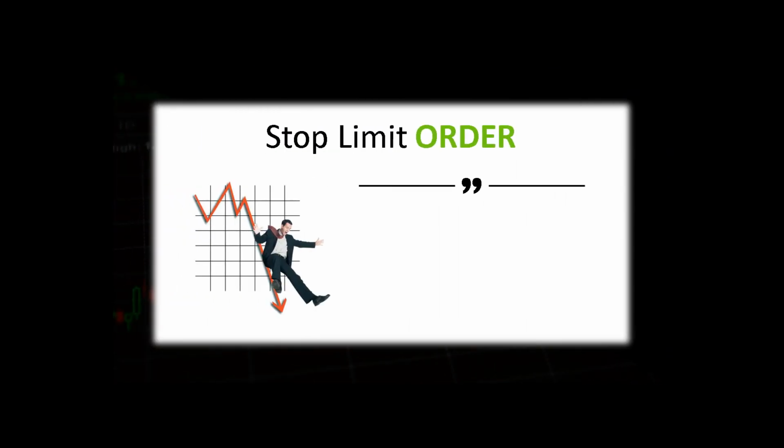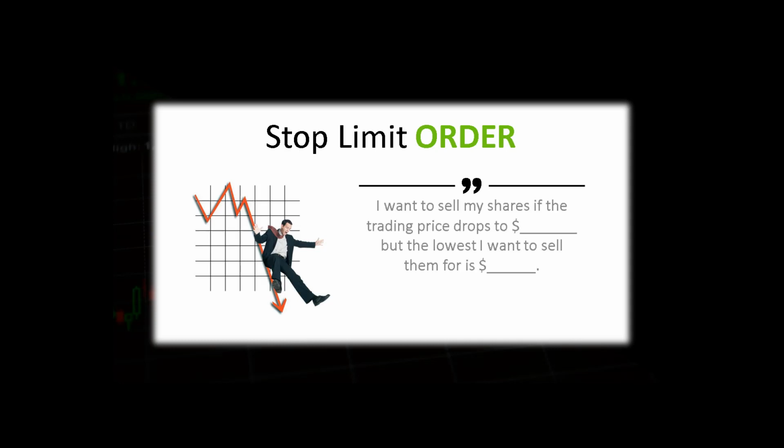The last order type we're covering here is called a stop limit order. This is a combination of a couple order types we've talked about so far. It's very similar to a stop order, but it has one main difference. The stop limit order says, I want to sell my shares if the trading price drops to X amount, but the lowest I want to sell them for is, and you're specifying a sale price.